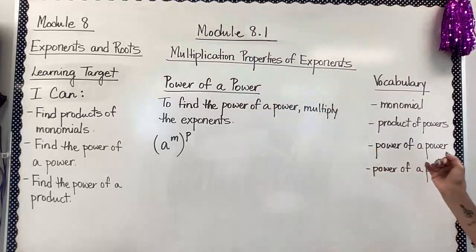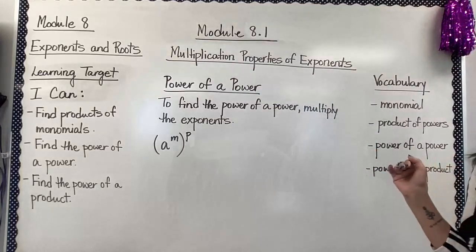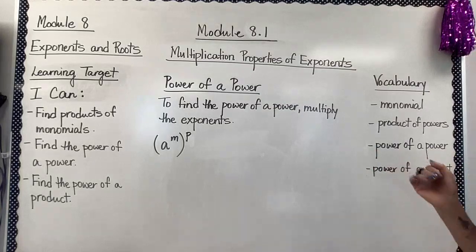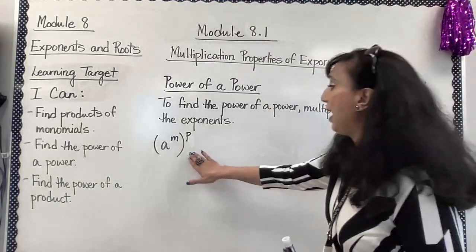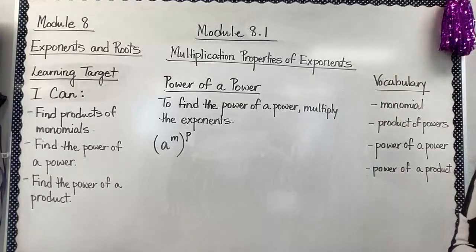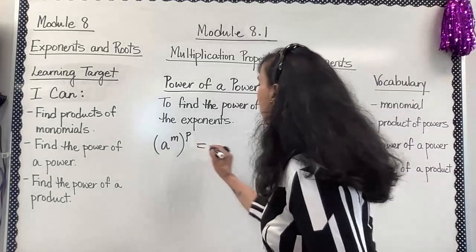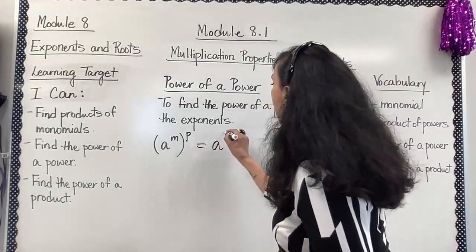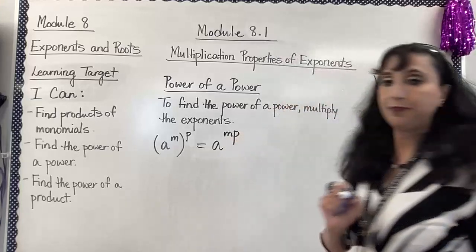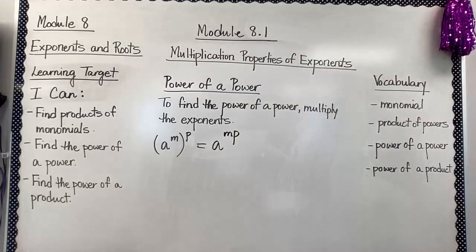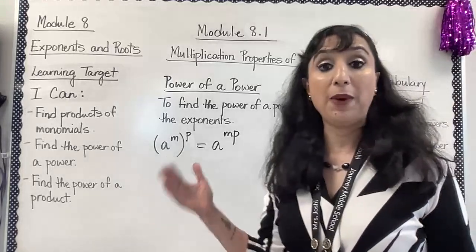For any real number a and any integers m and p, all I'm doing is multiplying the powers. So this is going to become a to the m p. So let's go ahead and solve some problems for power of a power.